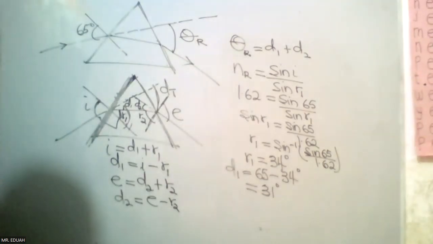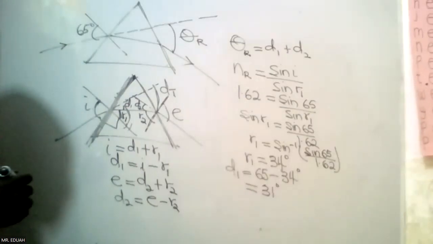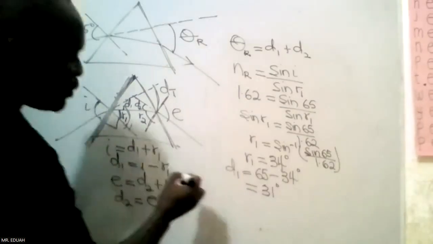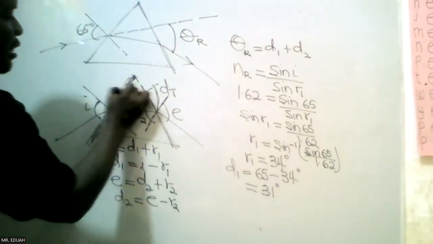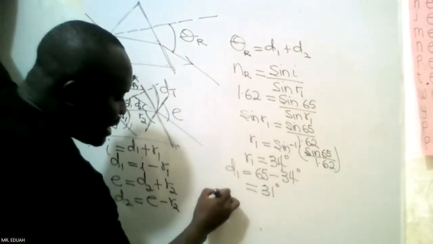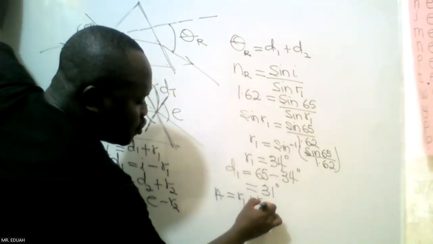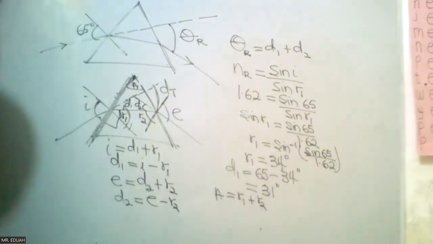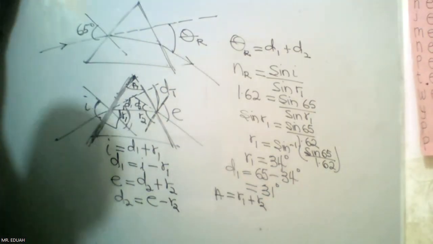Now look at something. For refraction of light in a triangular prism, we know that the angle of the prism A is equal to R1 plus R2. Once we know A and we found R1, we can easily find R2.